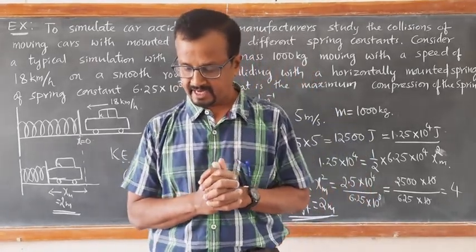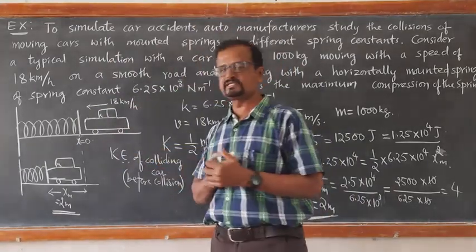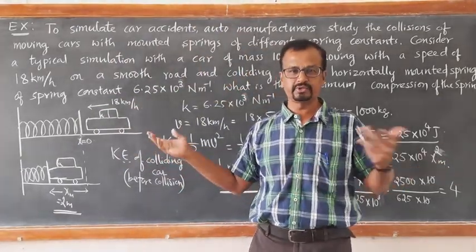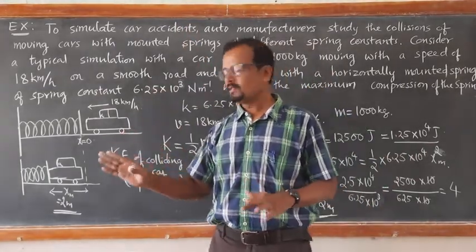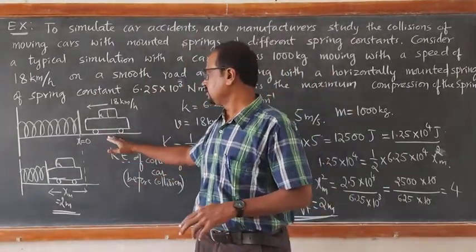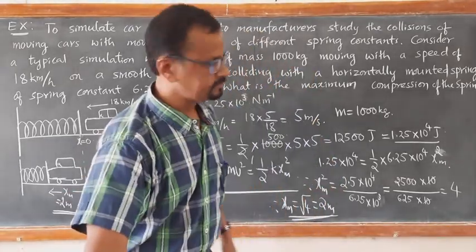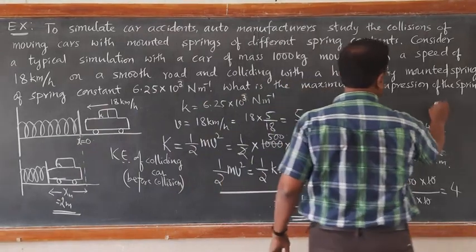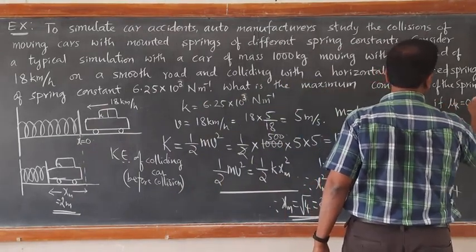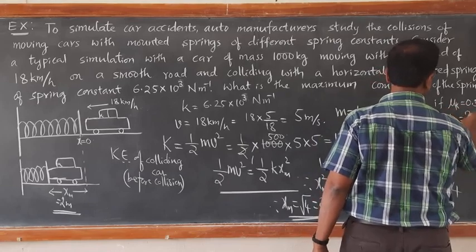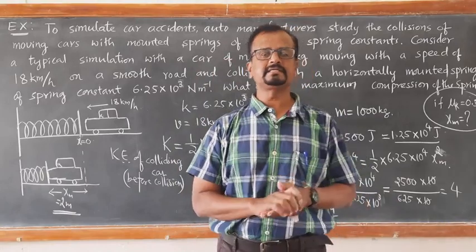If the coefficient of kinetic friction mu k is 0.5, with the same data and same speed of the car, what is xm? This is the next problem. You can try it yourself. I will discuss it in the next video.